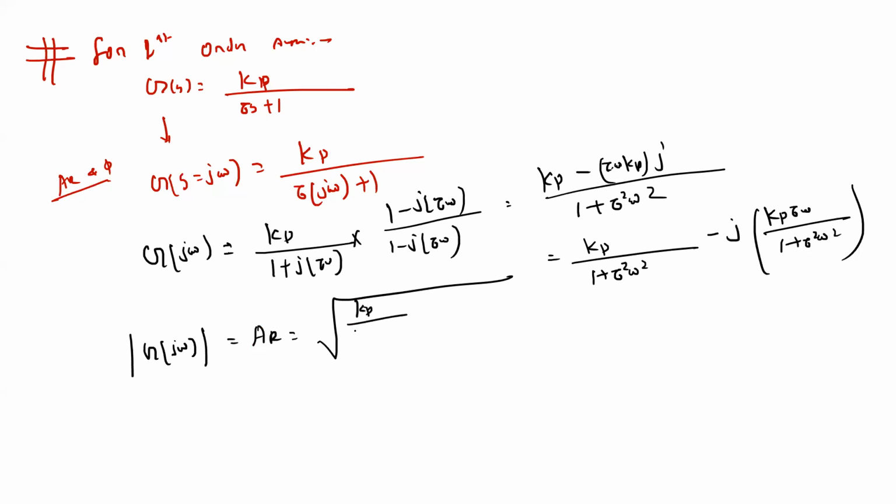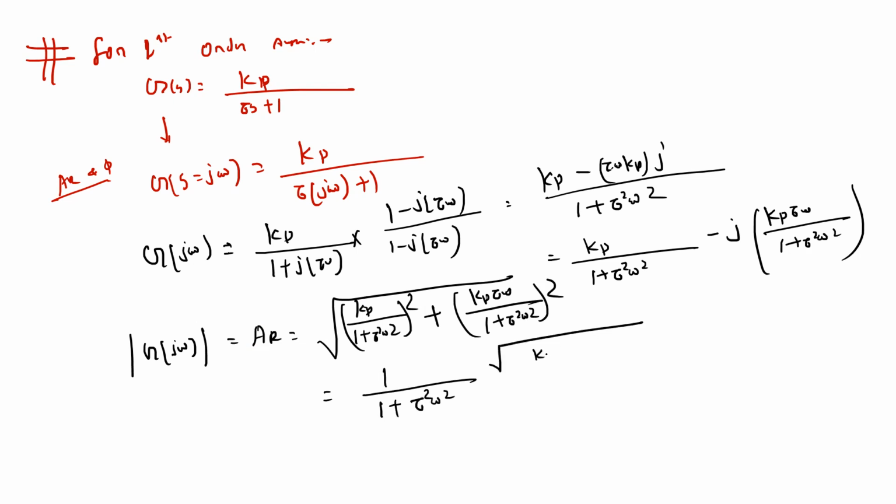So I will be writing Kp upon (1 plus tau square omega square) whole square plus Kp tau omega divided by (1 plus tau square omega square) whole square. Here you will see 1 plus tau square omega square and tau square omega square will come out of the integral root. So that is 1 plus tau square omega square.